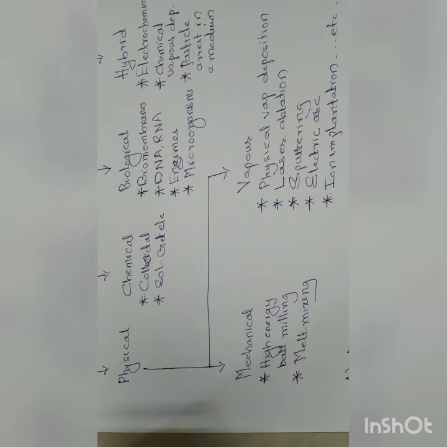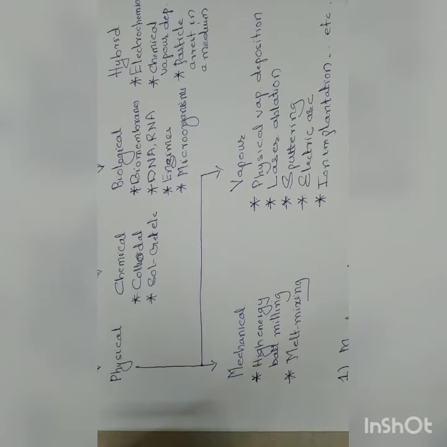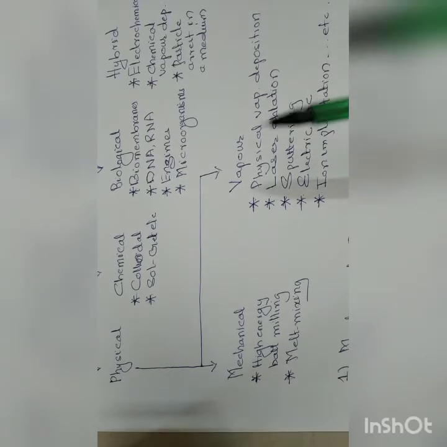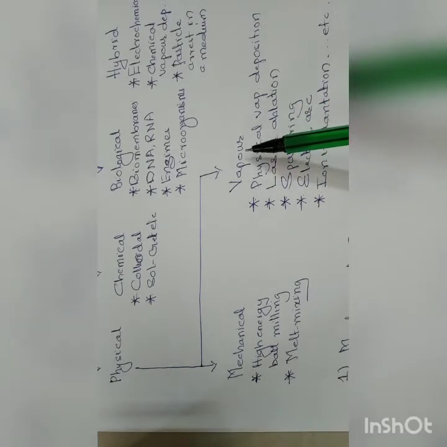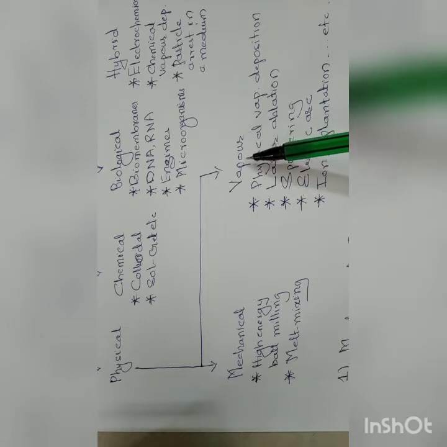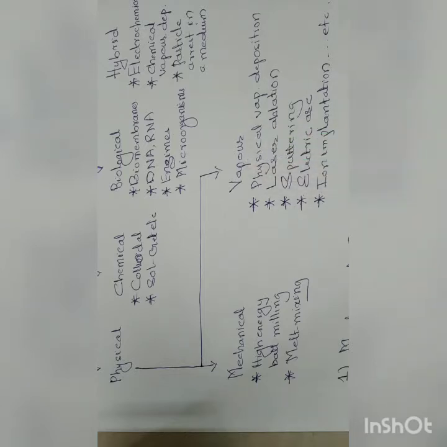In physical methods, we can also have another group, that is vapor methods. It is basically nothing but you try to take the material which you would like to have in the form of nanoparticles and try to vaporize it by various processes.